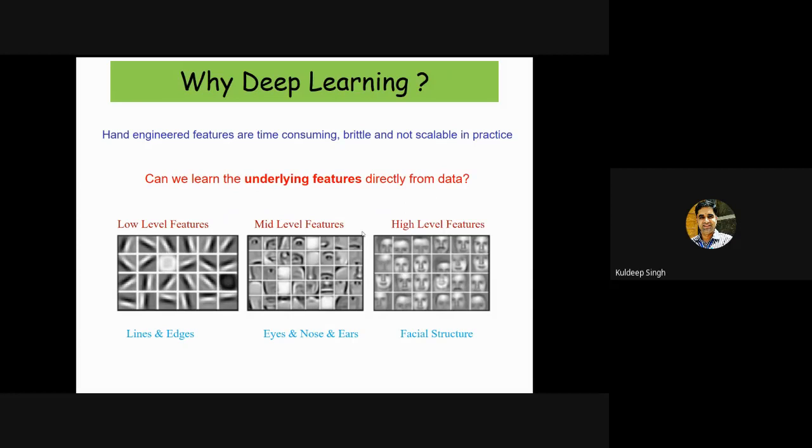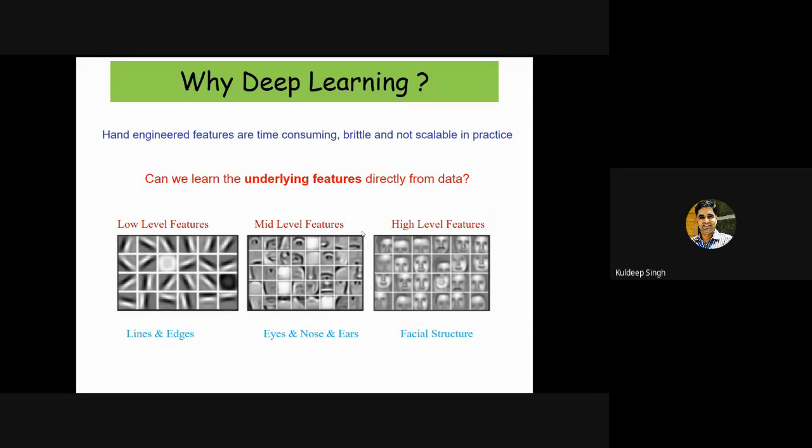Why deep learning? The hand engineered features we used to extract in traditional machine learning are time consuming, brittle, and not scalable in practice. Why not extract or learn underlying features directly from the data? As you can see here, suppose we are providing facial images to the deep neural network. In a convolutional neural network, the starting layers are responsible for extracting low level features like lines and edges.